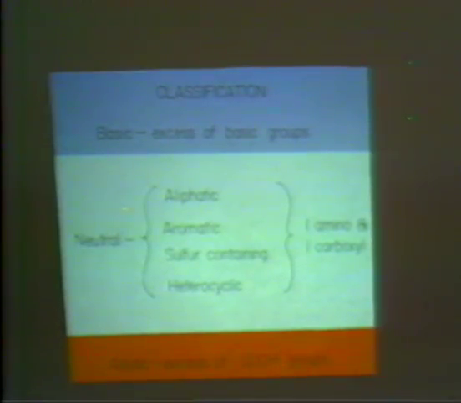Specifically, the third class is that of the basic amino acids, and these are those which have an excess of basic groups. The basic groups are not necessarily always amino groups, but they are structures which behave with basic characteristics, and accordingly this is the major classification.